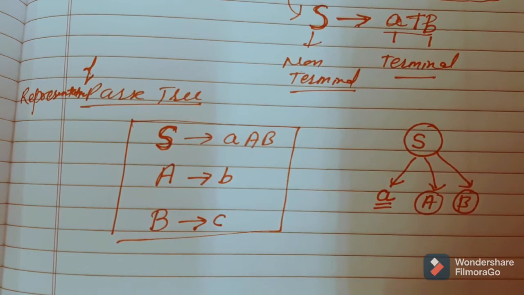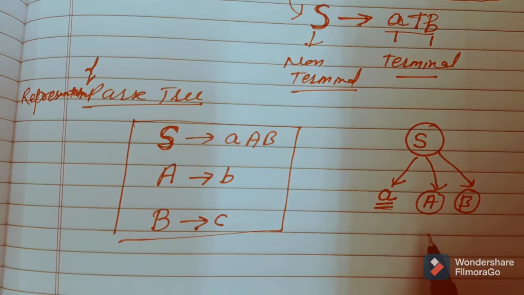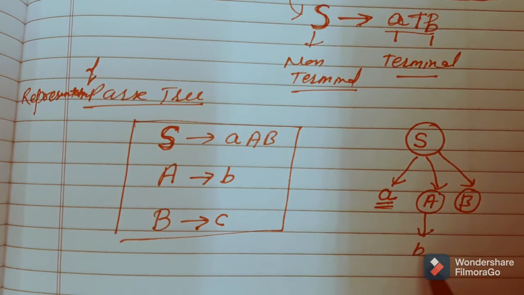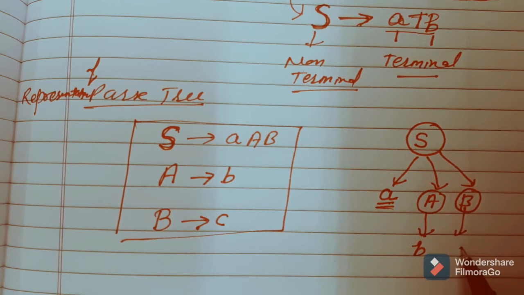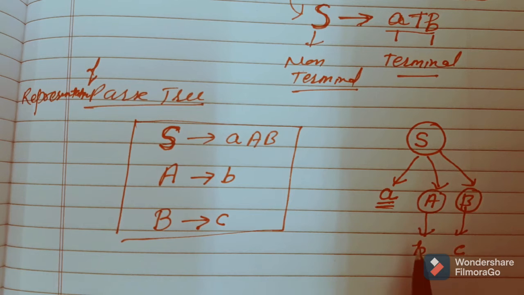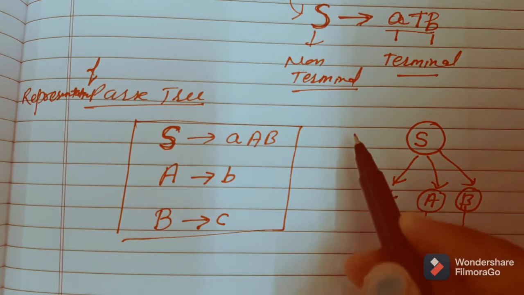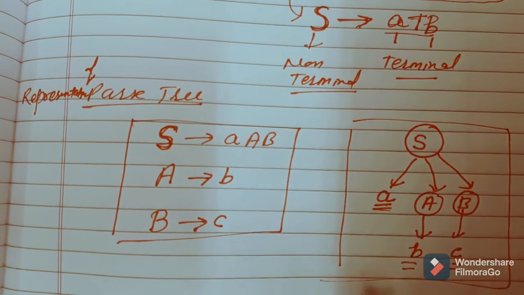Here a is a terminal, so it acts like a leaf, because a leaf contains only terminal symbols. And now capital A tends to B and capital B tends to C. So at the leaves, what I find is that all these are terminal symbols. So in the parse tree, this is how I draw it.